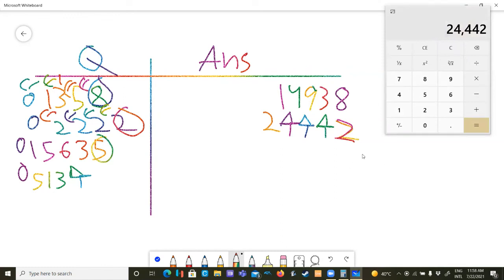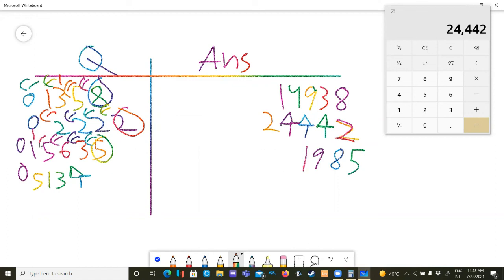Moving to 15,635. Starting with 5. 5 plus 0 is 5. Moving to 3. 3's neighbor is 5. 3 plus 5 is 8. 6's neighbor is 3. 6 plus 3 is 9. Moving to 5. 5's neighbor is 6. 5 plus 6 is 11. Carry forward 1. 1 plus 1 is 2. 1's neighbor is 5. 2 plus 5 is 7.